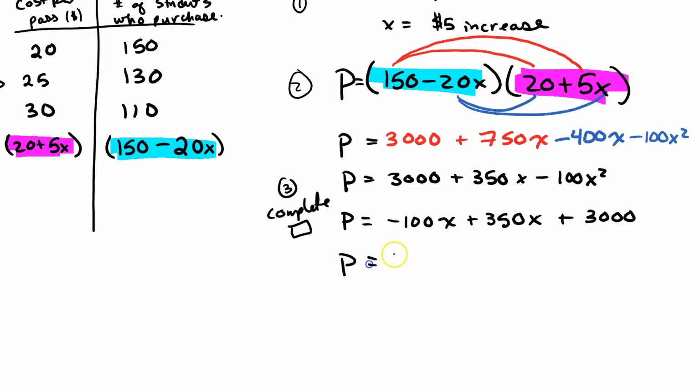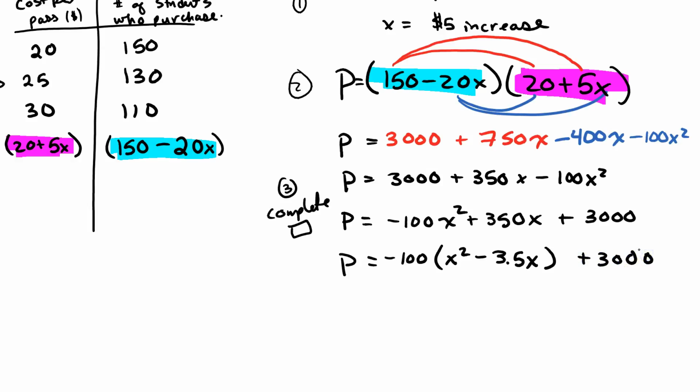I'm going to factor out that negative 100 from the first two terms. So negative 100x squared divided by negative 100 is going to be x squared. Ooh, see, this is difficult here. 350 divided by negative 100 is going to be negative 3.5x. And I just have to do that with the first two terms, plus 3,000.